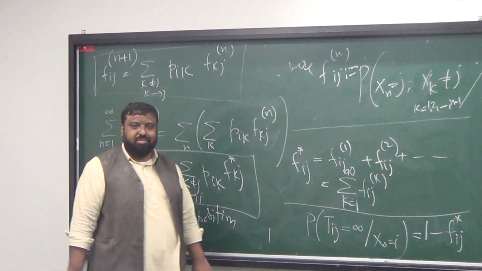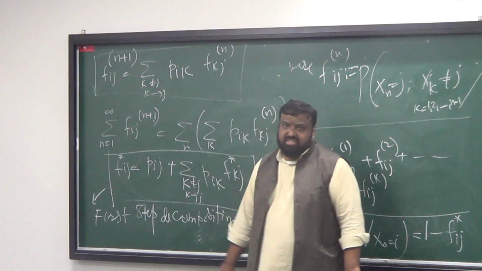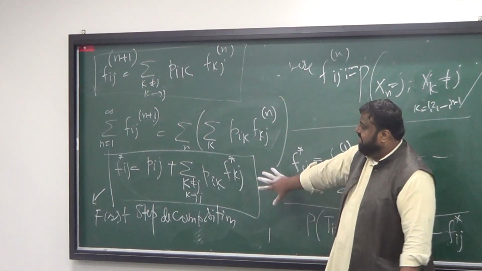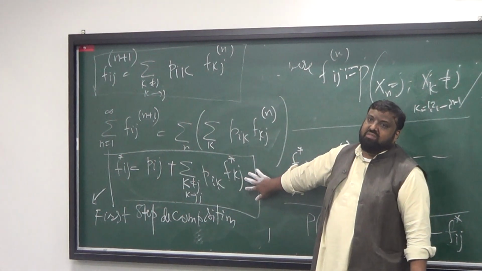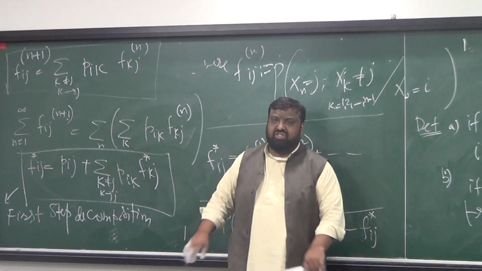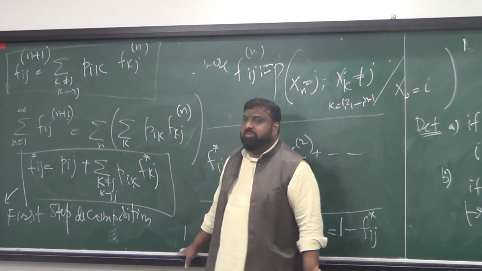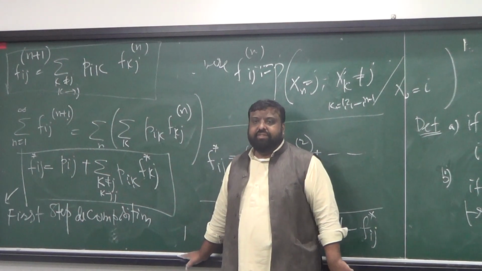A very interesting probability. We're going to do one example in the next discussion. This is nothing but a system of equations if you treat these f ij's and f kj's, these first passage probabilities, as unknowns.